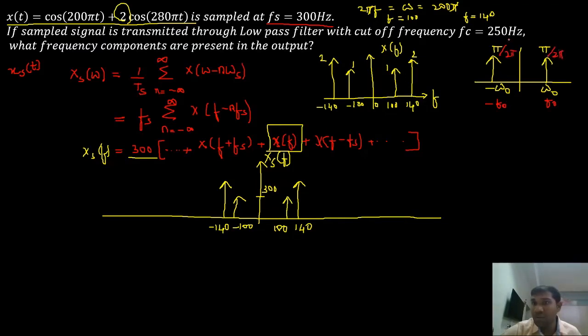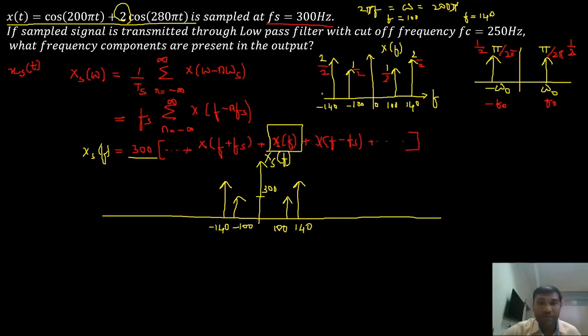So the resultant amplitude will be 1 by 2. Since this is 1 by 2, here also I have 1 by 2, and here it is 2 by 2.